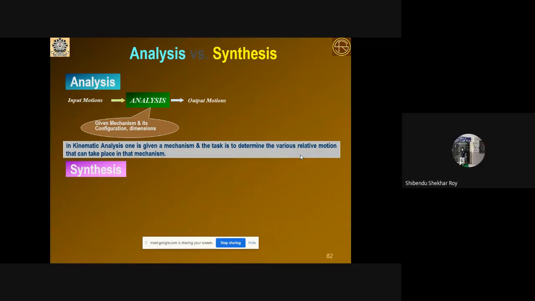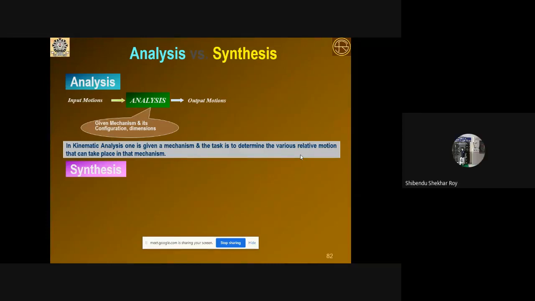Now, in that case a mechanism is given to you, the vice, having the screw nut mechanism like this. You have to find out the relationship between the input and output motion, meaning how much rotation you have to give to clamp, or to get the desired sliding motion.